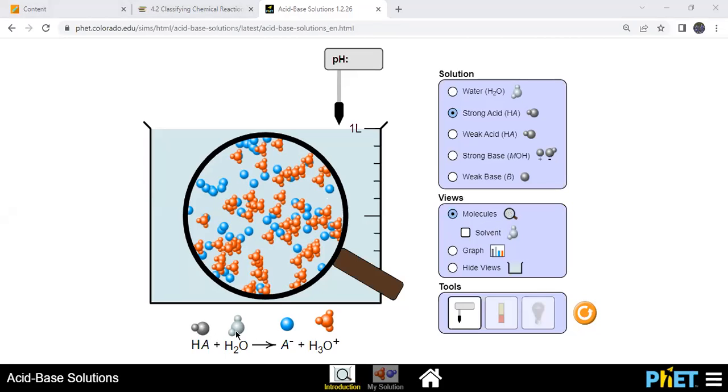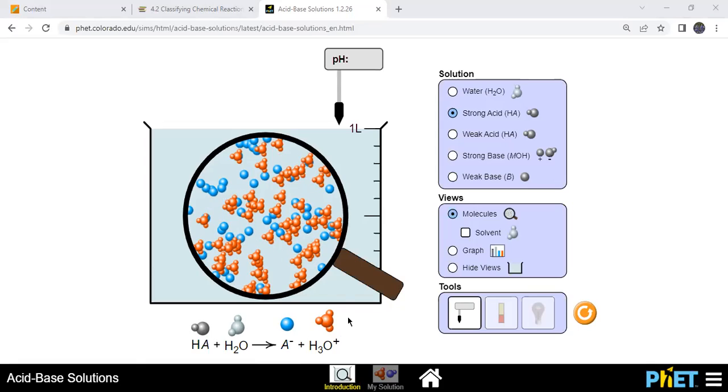So the water is going to do proton transfer. This H that's here, this little small sphere, is going to get transferred to water and become hydronium, right? And then the A minus is the conjugate base. It's the acid after it gives up H plus, it becomes the conjugate base, which is here. Now, if you look on the micro level, you see a whole bunch of A minus floating around in here, right?